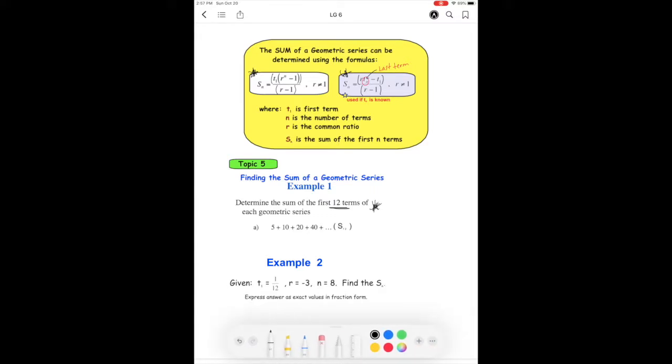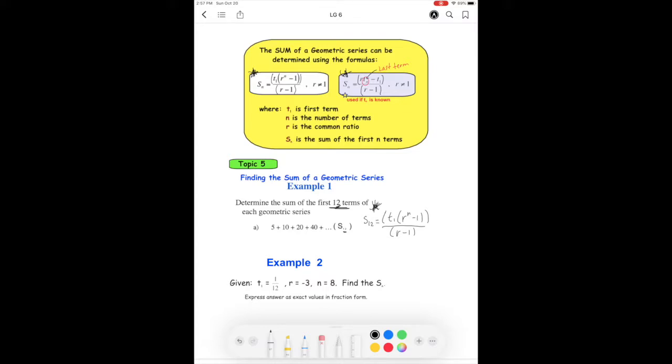So what I'm going to do here is I always write the formula down. I'm going to do the S of 12, because that's the 12 terms, you can see it in the subscript, equals, and I just write the formula out. T1 bracket Rn minus 1 bracket all over bracket R subtract 1.